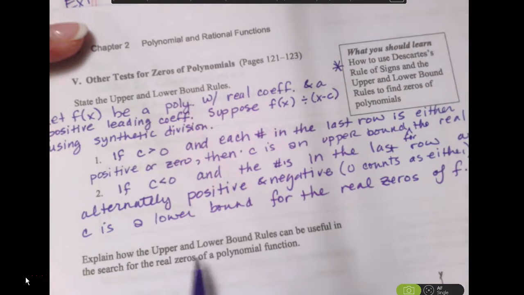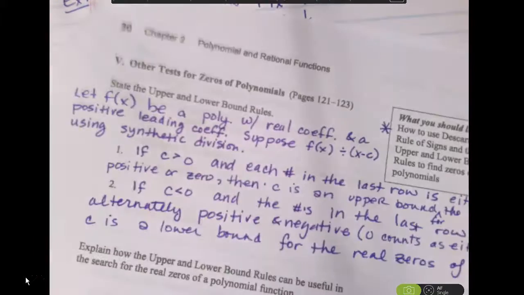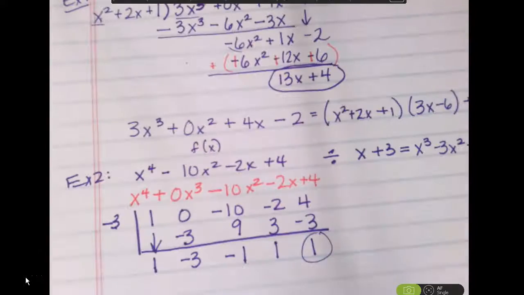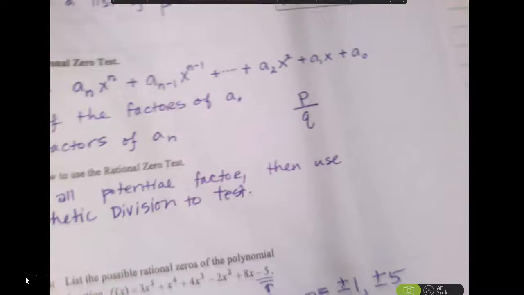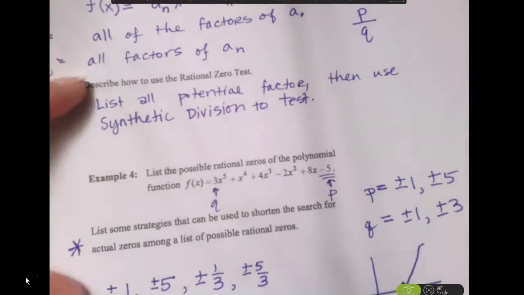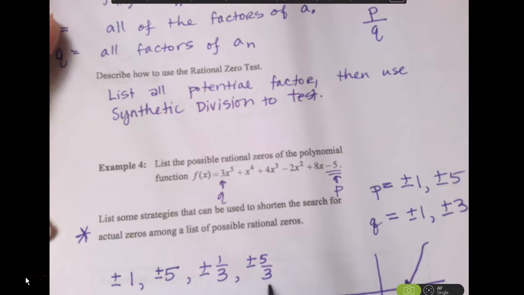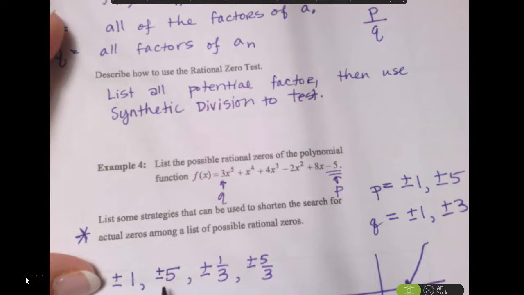So explain how the upper and lower bound rules can be useful in the search for the real zeros of a polynomial function. I think basically in our last example where we had a big list, this list isn't that huge of factors. You just have 1, 2, 3, 4, 8 different possible things you could plug in. So it's not the end of the world if you had to plug them in, and there's going to be 5 potential zeros.